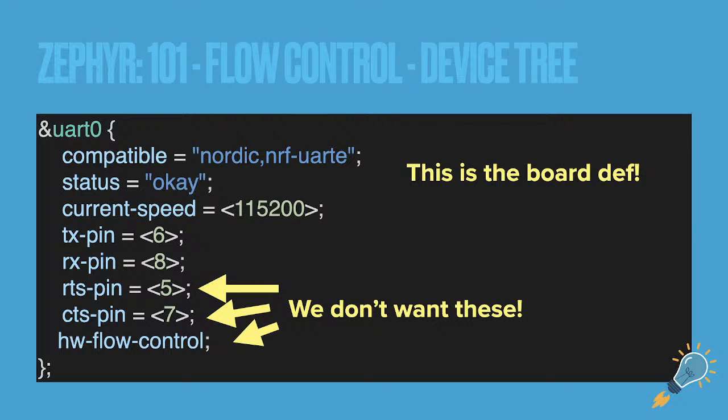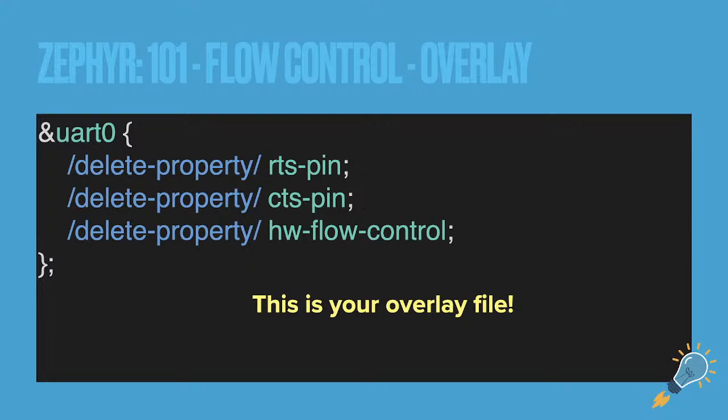So one thing that you can do is you actually can delete these properties, and that'll basically tell Zephyr, hey, I don't need these. Get rid of them. I don't want to set them. It's not necessary. So that's what we can do here. We can use the delete property command, and this will just remove it completely.